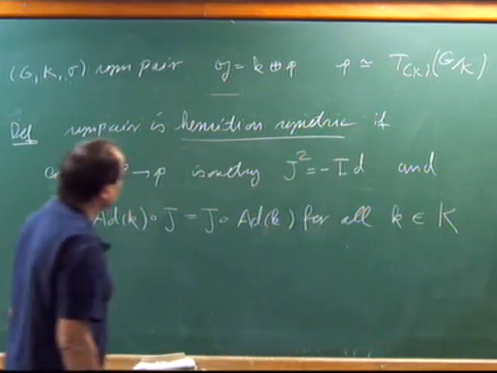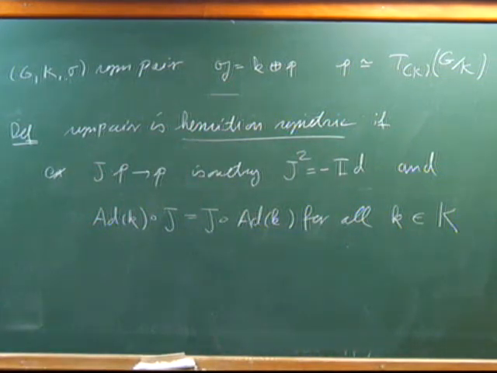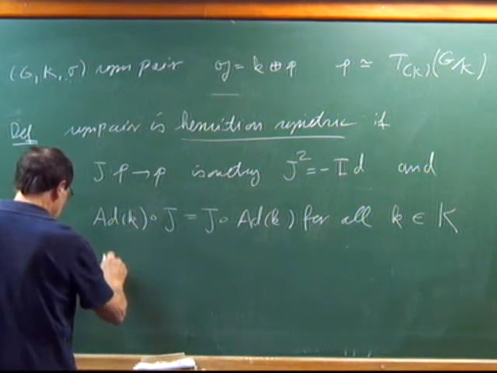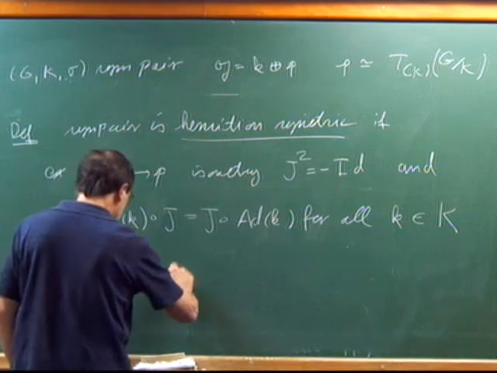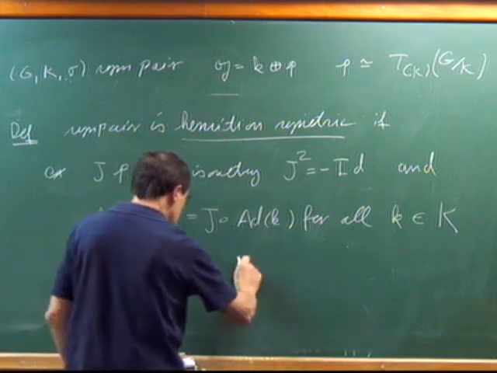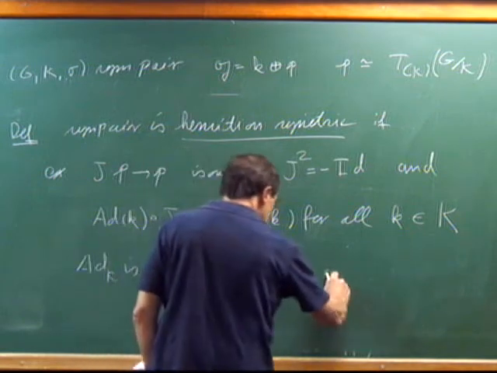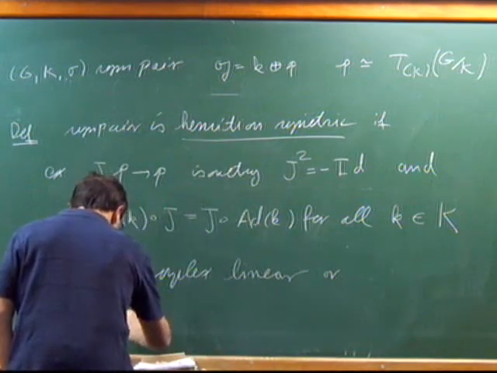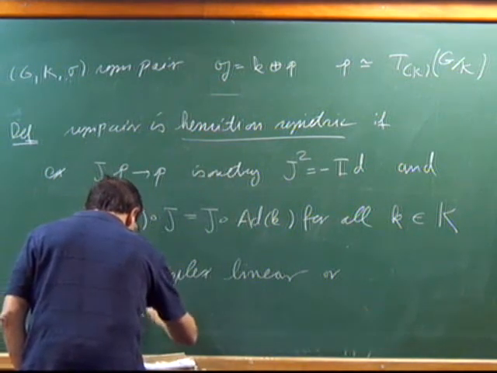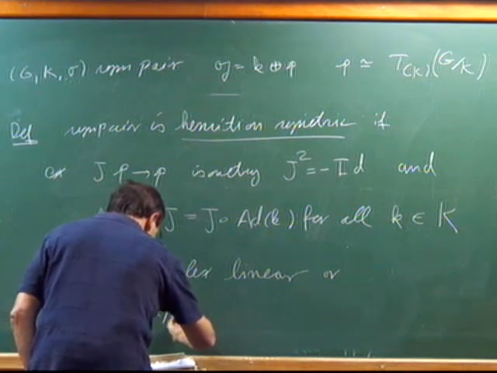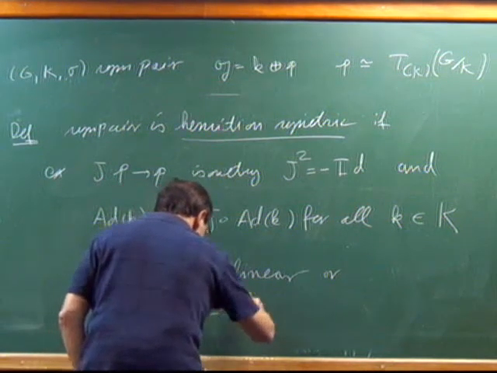Remember, Ad K acts on P as my isotropy representation. So in other words, Ad K is complex linear. Or if we want to say, the image of Ad K restricted to P lies in the unitary group.